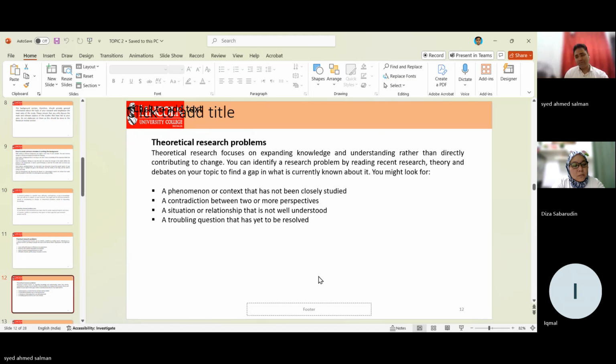Example, I will tell you. Disa is telling that there is no lack of academic performance if you are using social media. I am telling there is a lack of academic performance if you are using social media. Your opinion is different, my opinion is different. So we are having the contradiction, am I right? Yes.